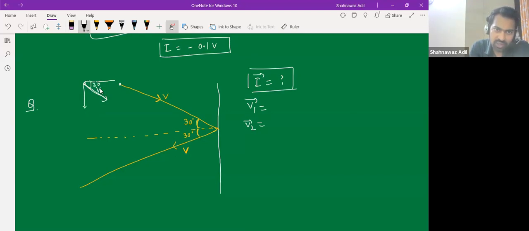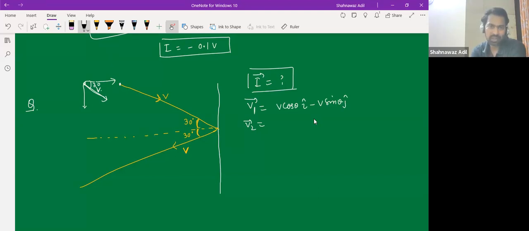This is V1, whose magnitude is V. So what would be V1? We have done exactly the same problem, so I will write the answer. This is V cos 30 i hat, and then minus V sin 30 j hat. Is this clear, guys?